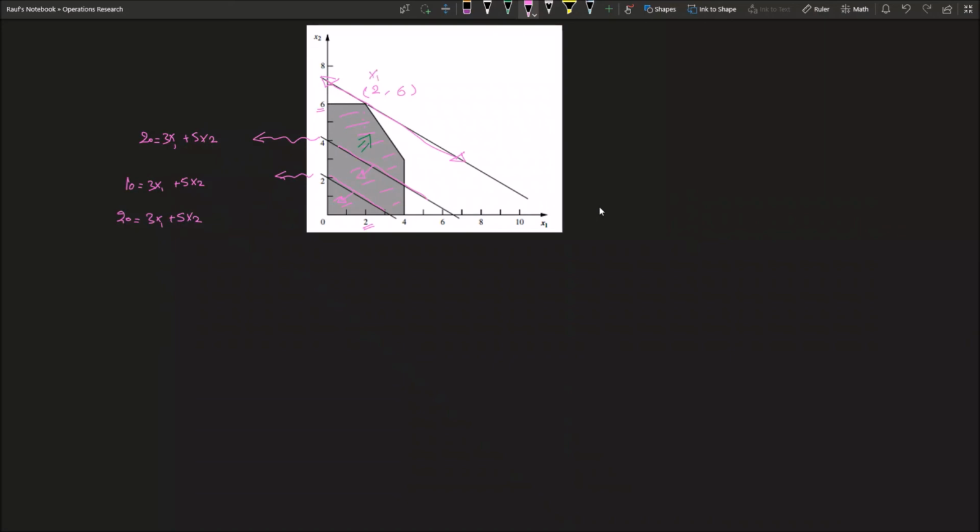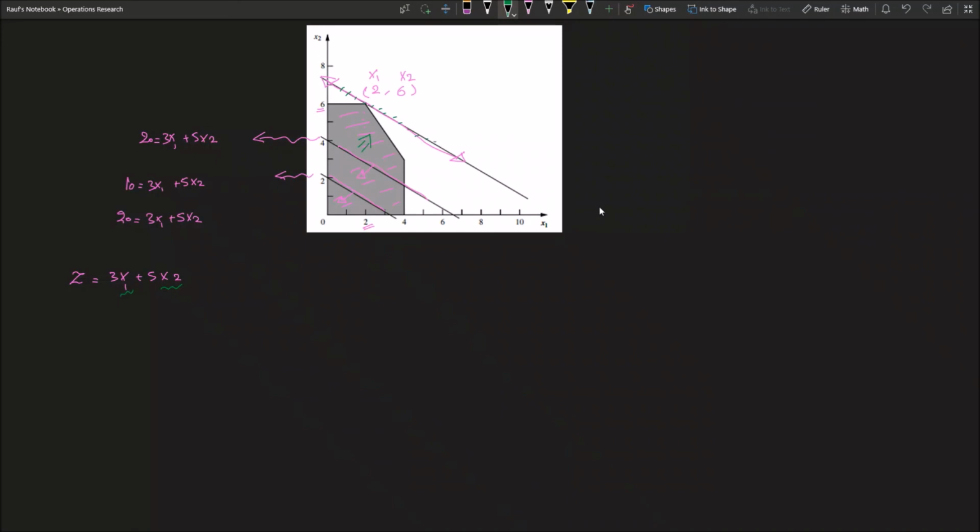That's x1 and x2. So now we have z equal to 3x1 plus 5x2. We have x1 and x2, but we are not sure how to achieve this line.